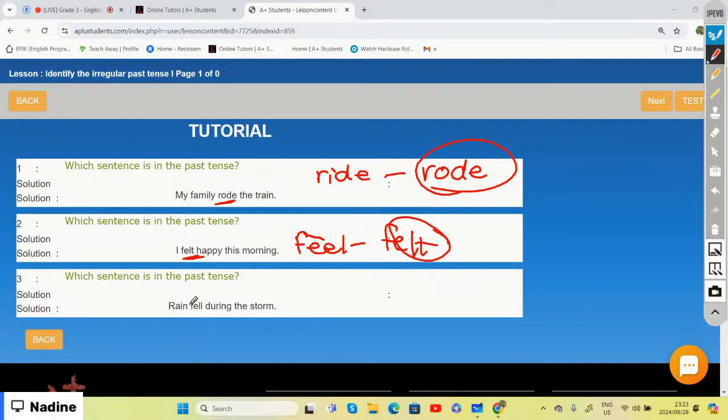And if we were to identify an irregular past tense, we would say it's fell, because we also have fell. Fell is the past of fall. Because remember, if we would rather say rain fall during the storm, right? But now, if we want to put it in the past tense, we would say rain fell. So fall and fell.